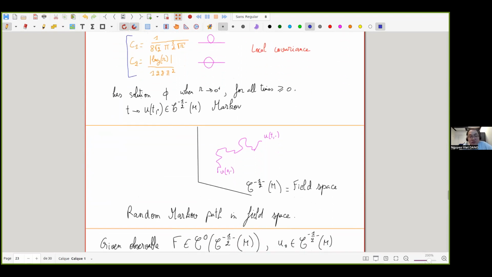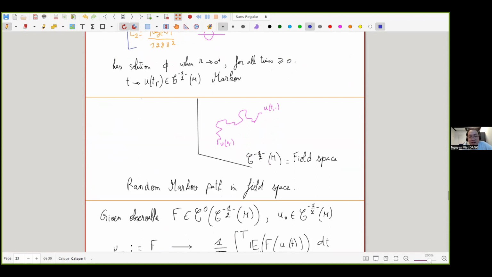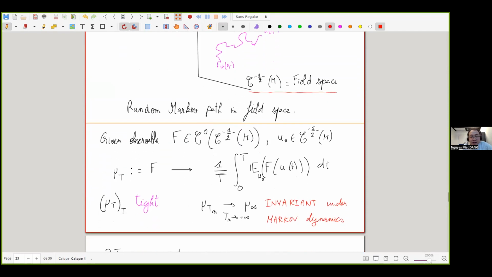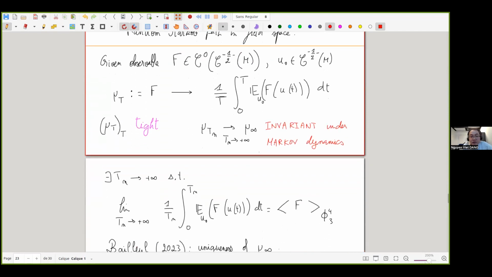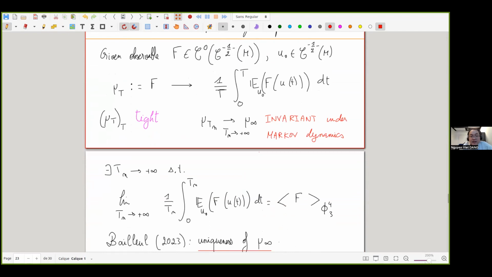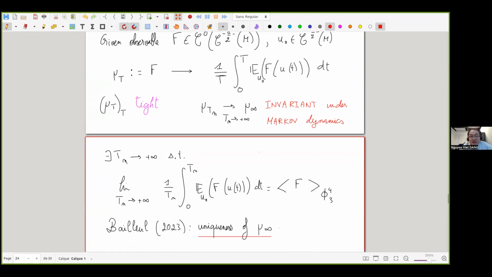And the solution of the renormalized stochastic PDE gives you a Markov process in field space. This Markov process lives in the space C minus 1/2 minus of M, so it's in the space of distributions. It's really a Markov process in distributions. And you can recover the Phi43 measure as Birkhoff means.